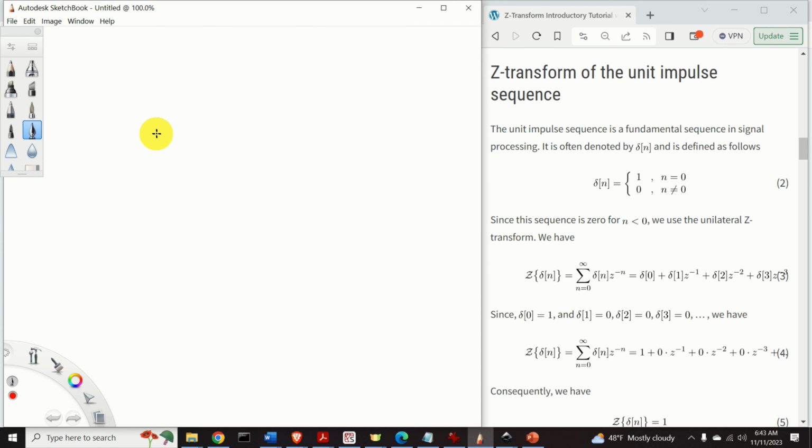Next, let's learn how to compute the z-transform of some typical and commonly used sequences and signals in digital signal processing and control engineering. The first sequence or the signal is the unit impulse sequence.